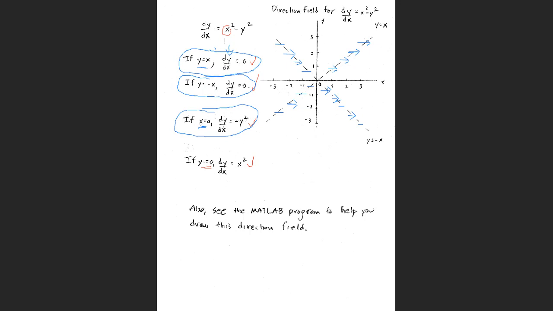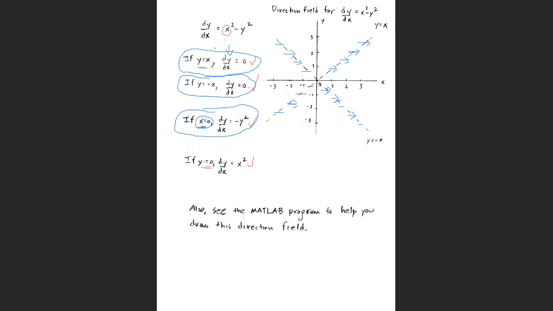Is that the x-axis or the y-axis? Y-axis. That's the y-axis. That's right, Thomas. That's right, everybody. So there it says dy/dx equals negative y squared.